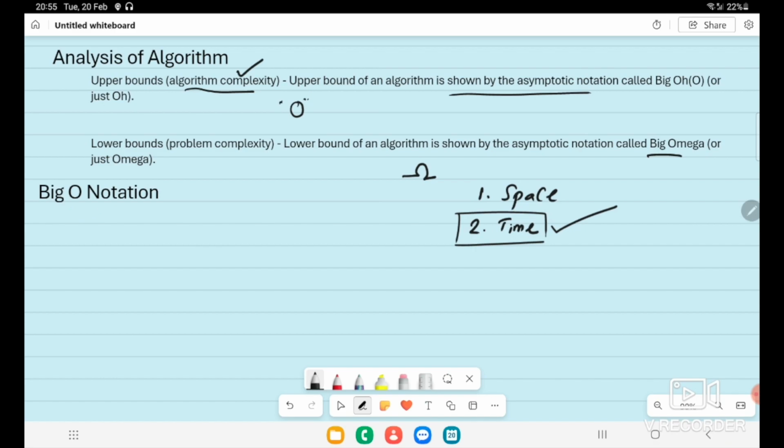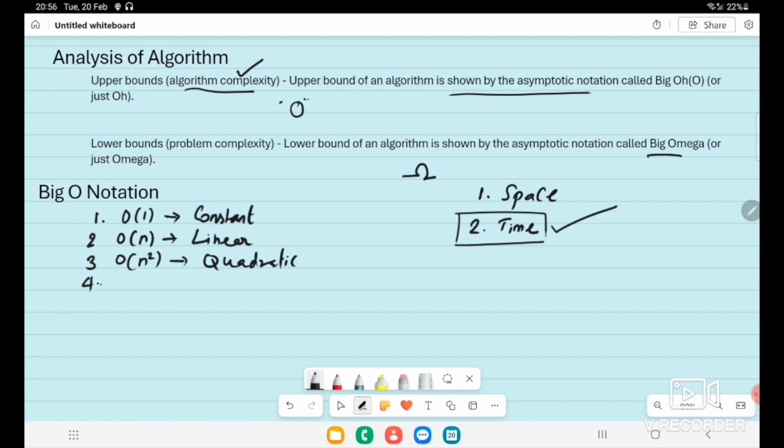In big O notation, again we have several types based on the complexity of the algorithm. The first one is order of 1, which is called constant complexity. The second one is order of n, called linear complexity. The third one is order of n square, called quadratic.